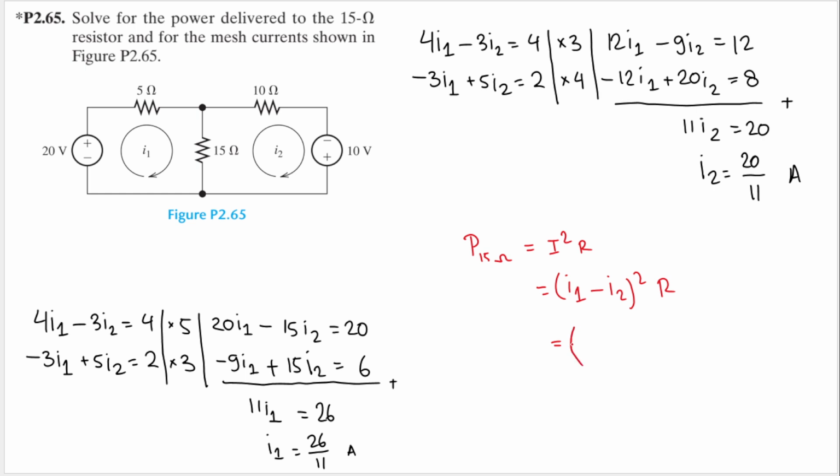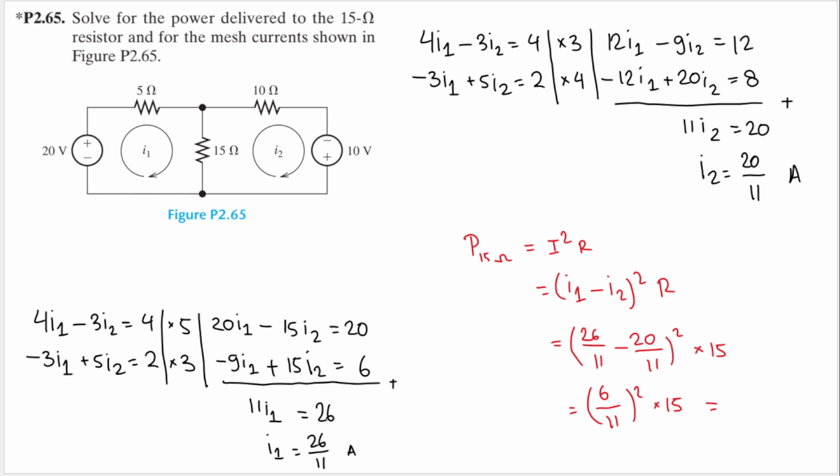So now I1 is 26 over 11, and I2 is 20 over 11, and this will be squared multiplied by 15. So this will be 6 over 11 squared multiplied by 15. I think that is not a nice number. We will need to use a calculator.